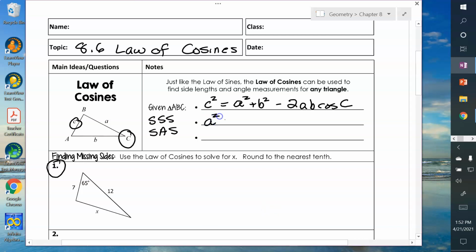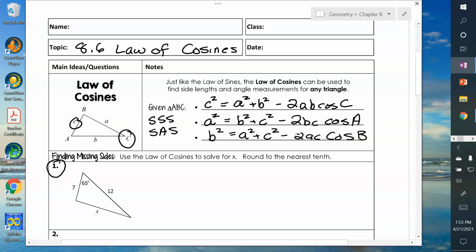Then you would write a squared equals b squared plus c squared minus 2bc cosine of a. Or if you're looking for b, you would say b squared equals a squared plus c squared minus 2ac cosine of b.